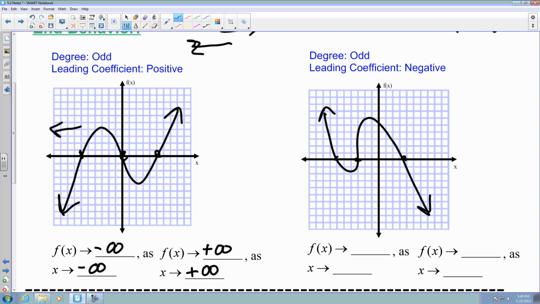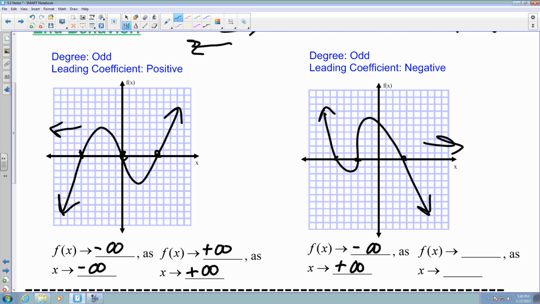This could be, like say, negative 5x to the third power. As I look at x going towards the right in positive infinity, as x becomes large going this way, I can see that my f of x or my y is heading towards negative infinity. So it's becoming much smaller.